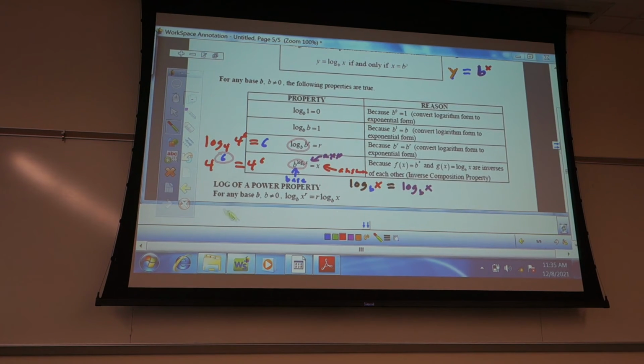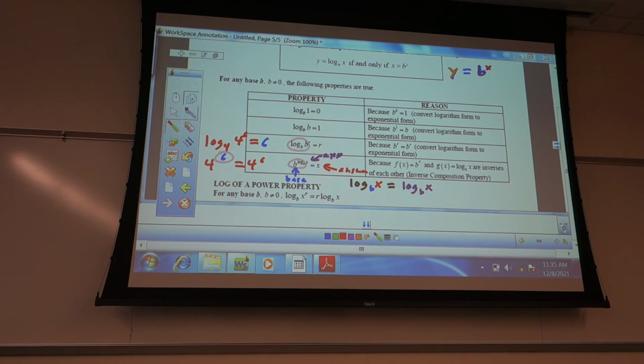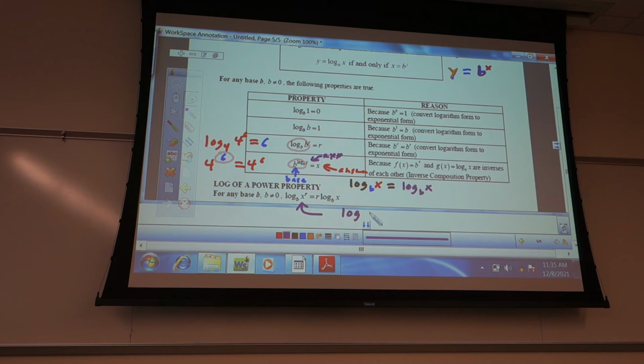The other one, like I said, which is super, super cool, is if I have a log, like say I'm just going to leave it as regular log of 5 to the x. That's the same thing as moving that x down in front.